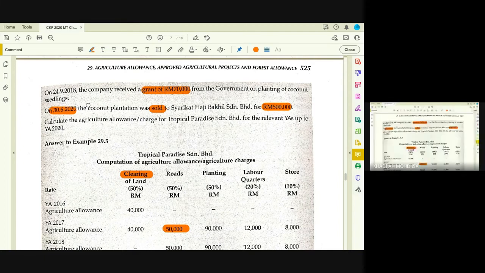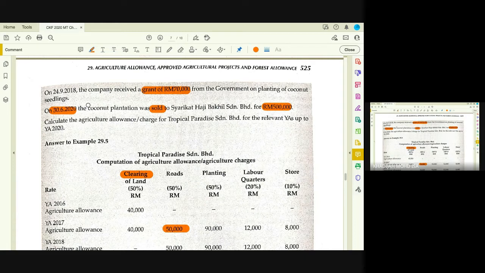In this case, it is assumed that the company continues to use the asset prior to disposal; they mention about within 1 month. So you continue using the asset in the business of agriculture, and you claim for 6 months in YA 2020.